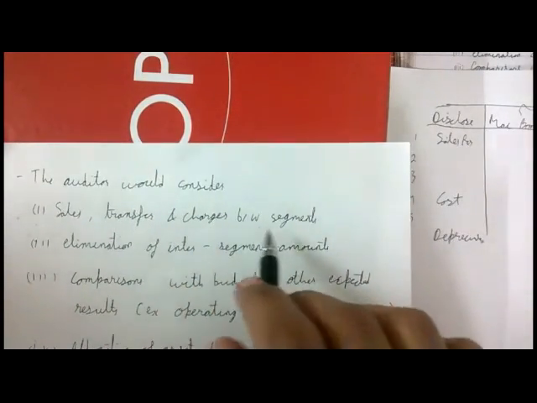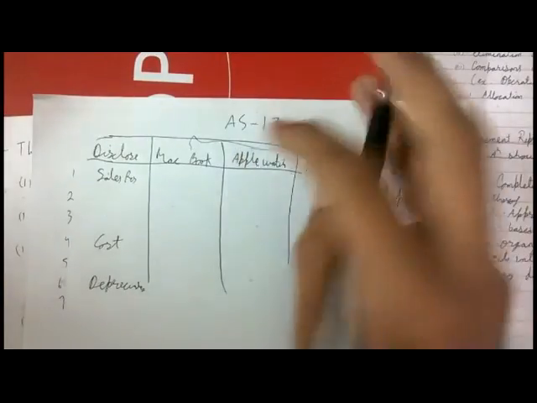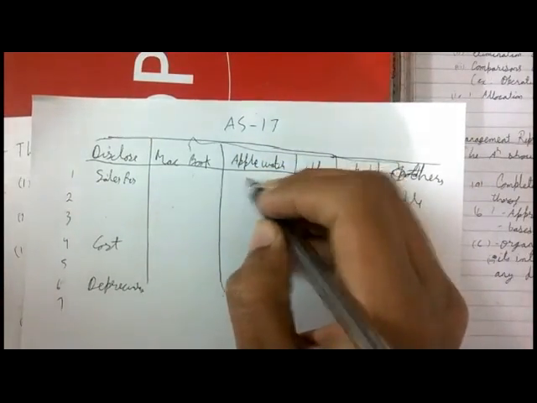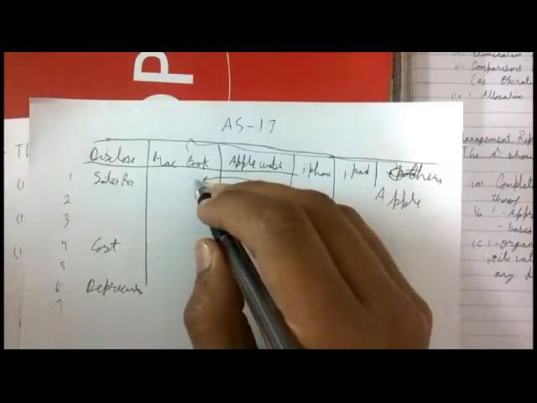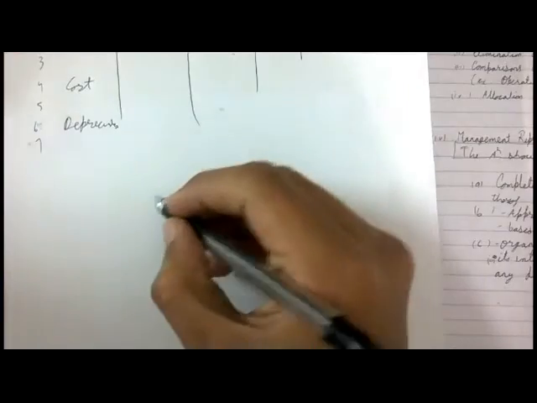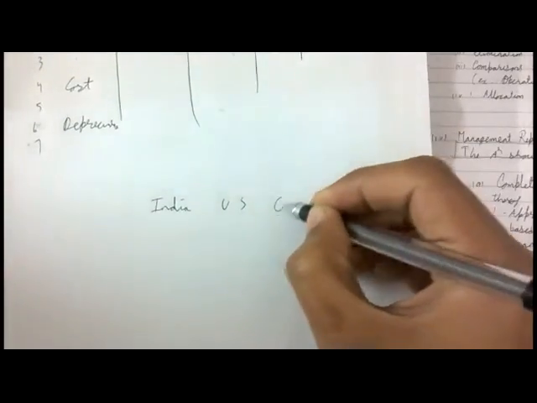Sales transfer and changes between segments. See, it always happens between two different entities. What happens is that they make inter-segment sales. Apple Watch sells some things to MacBook, or if we take geographical areas like India, US, China.